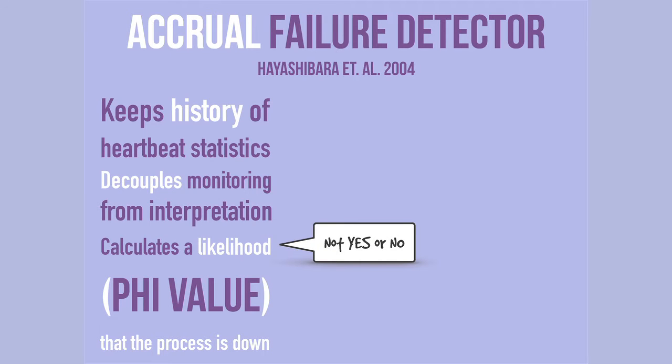What it does is calculate the likelihood that a process is down. So you don't get a yes or no, you get something called a phi value back that shows you how likely it is that a process is down. This gives you more freedom.